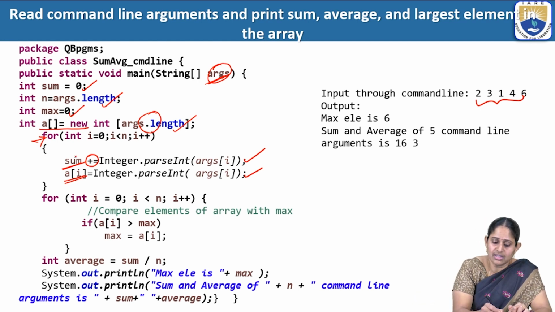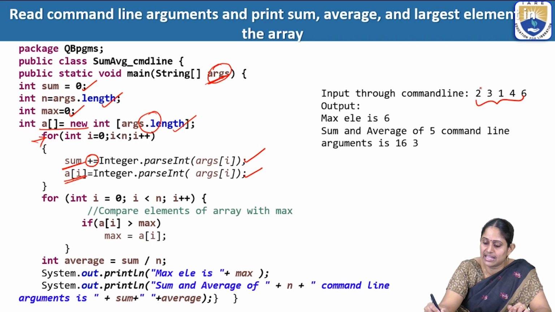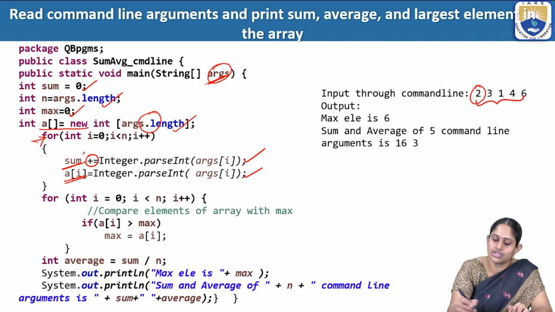So the sum will be like this: initially 2 will be taken. 2 will be in the form of string. That 2 will be converted into integer, and added into sum. So sum will be 2 now, and a of 0 will be 2. Then next, a of 1.